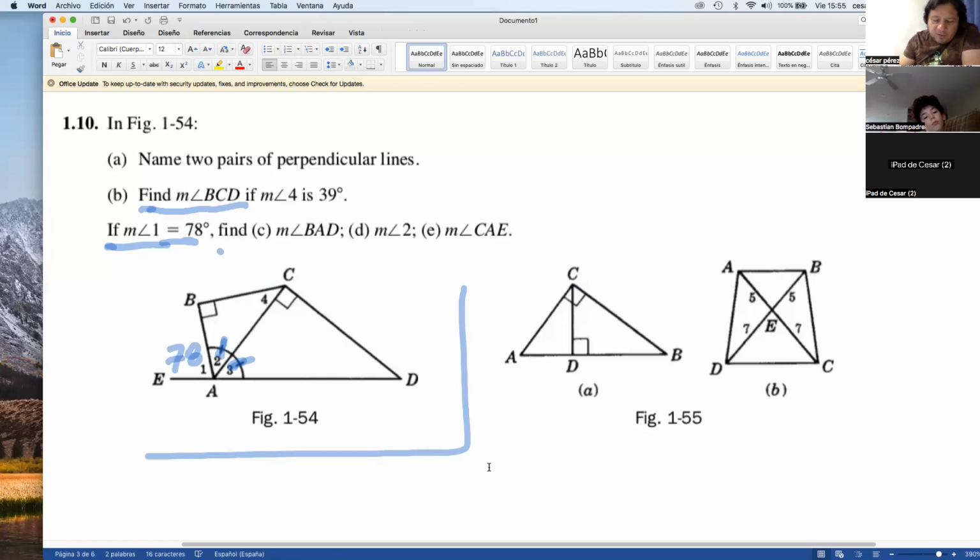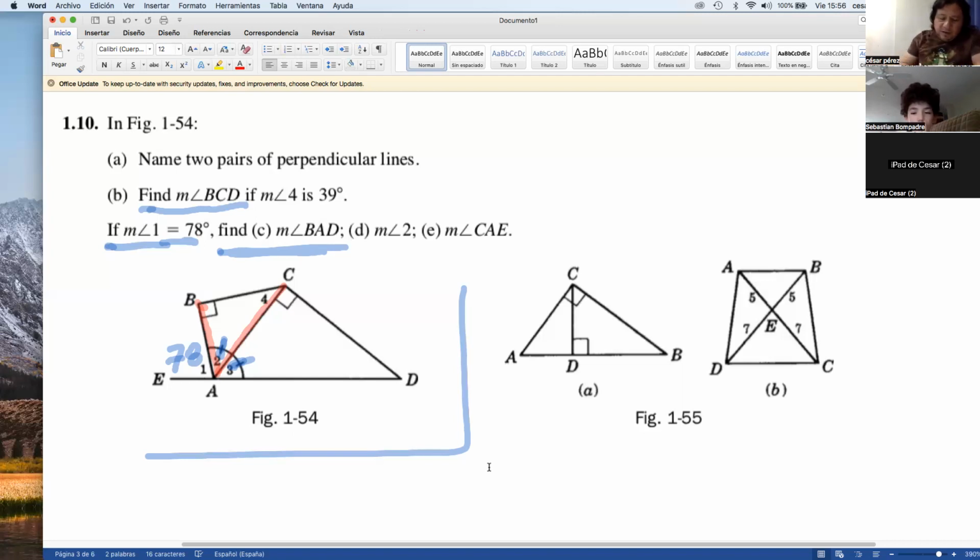So subsection C asks that we find BAC. 51.